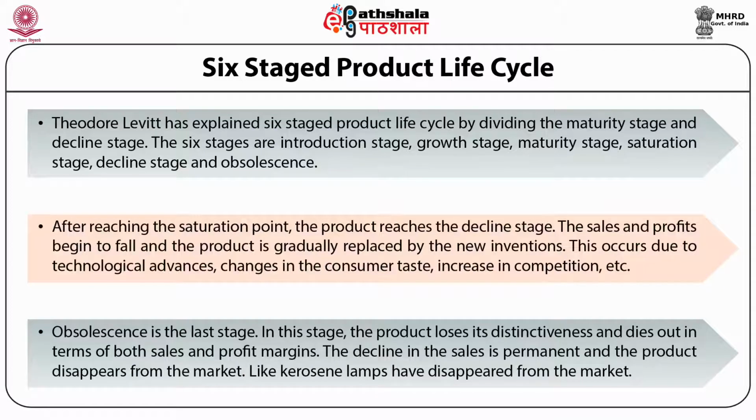In this stage, the product loses its distinctiveness and dies out in terms of both sales and profit margins. The decline in sales is permanent, and the product disappears from the market, like kerosene lamps have disappeared from the market.